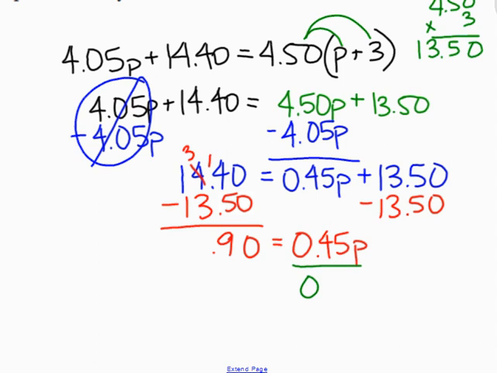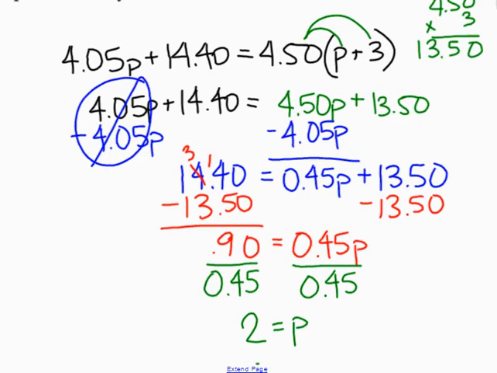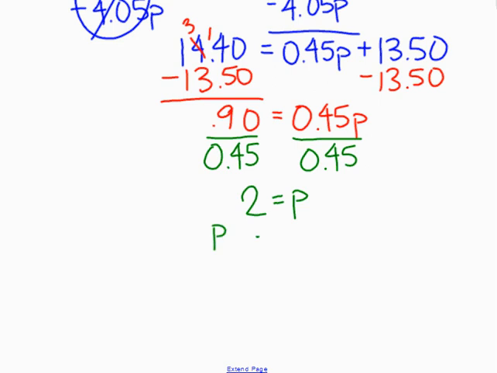So when you divide by 45 cents, that's going to go in twice. And then if we look back up here, it said that p represented pounds of peanuts. So we're going to write 2 with our units, pounds of peanuts.